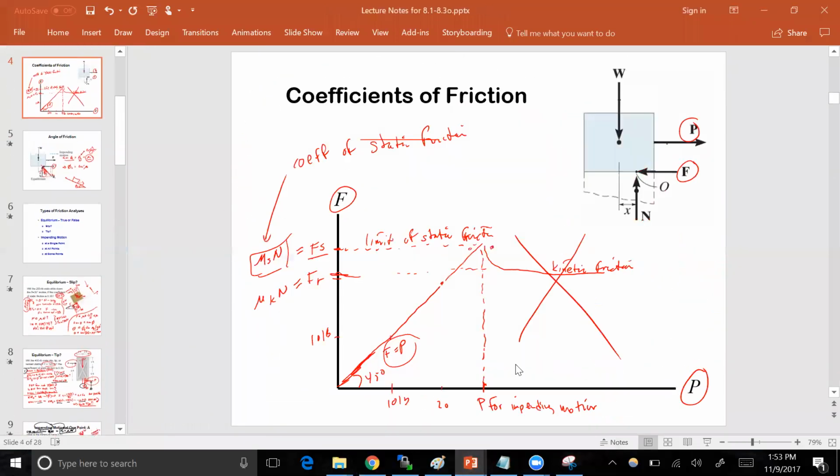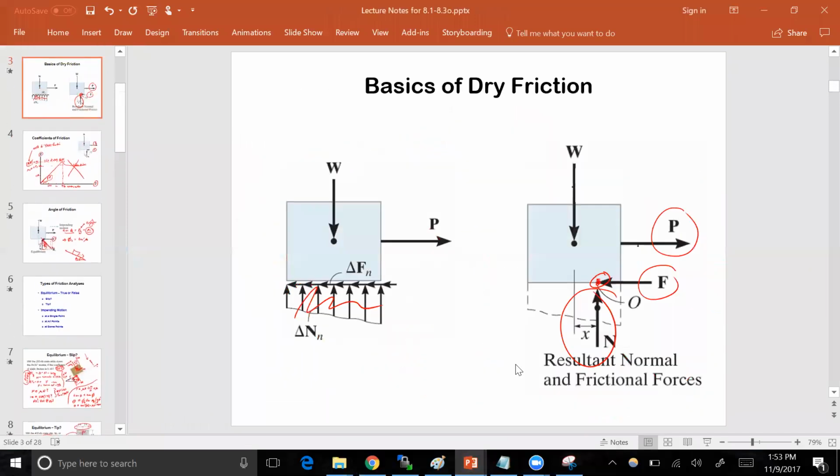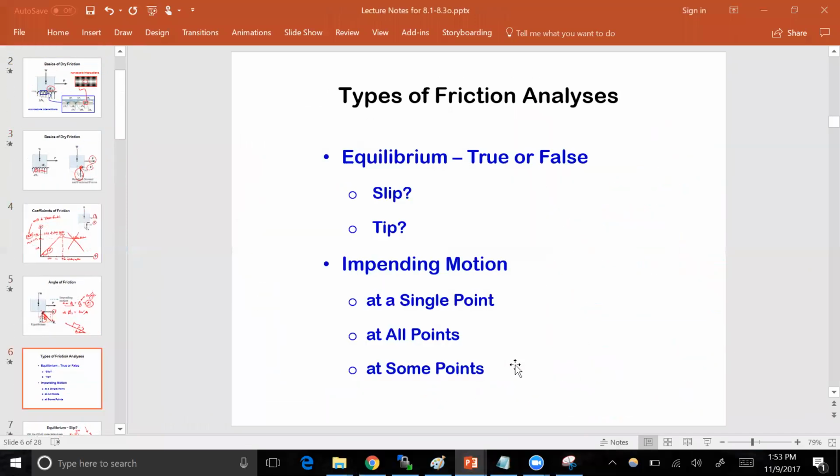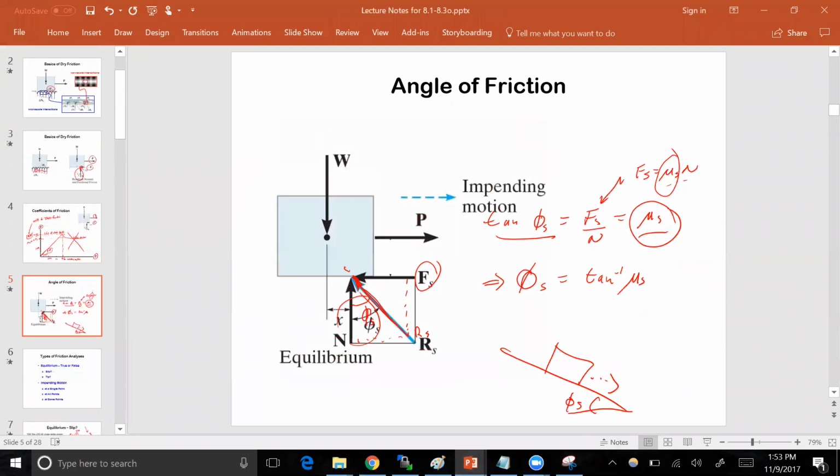Let's look at the definition here. So this angle, right? So phi s, and that means the tangent of the angle is mu s, right? And that would require Fs to be bigger than a normal force.